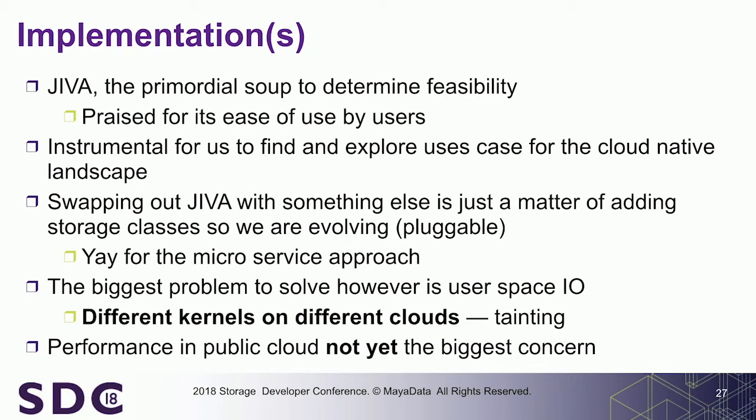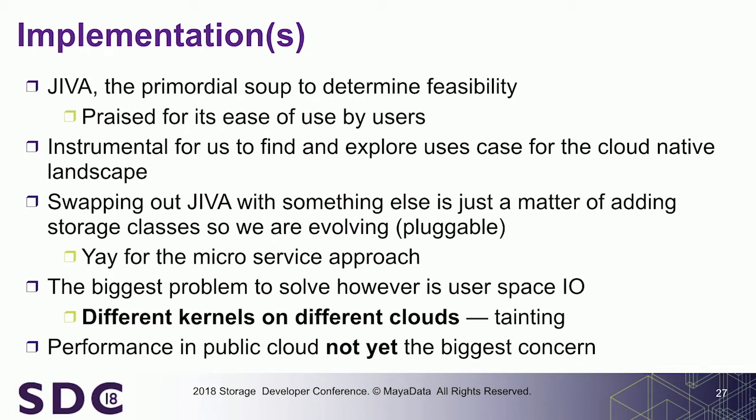The biggest problem, however, for us to solve at that point was, okay, how do we do user space I/O? Because the user space I/O is not necessarily for performance, even though that's a nice bonus. But the problem is that on public clouds, you have different kernels, and you don't really want to taint the kernel. If you spin up a GKE instance, you get a very minimalistic kernel, and they removed all the drivers.